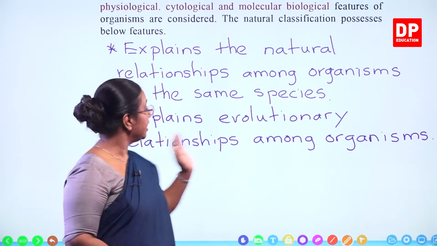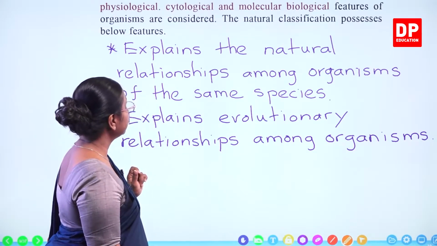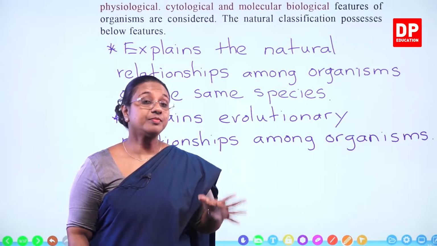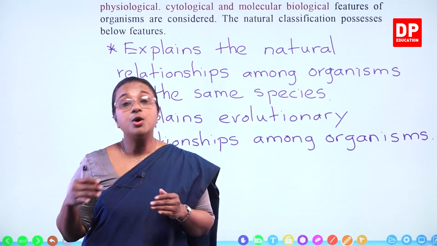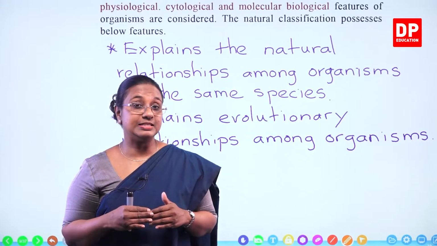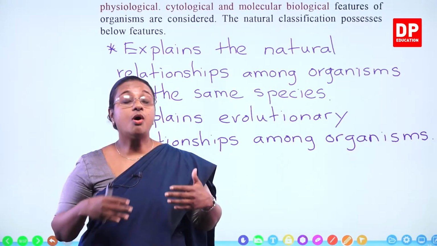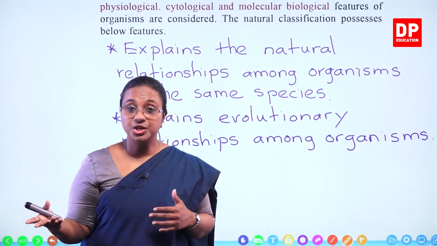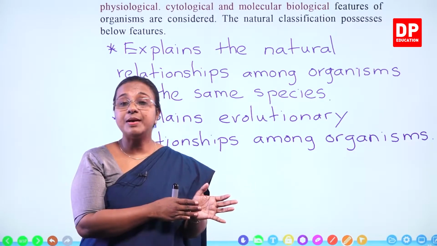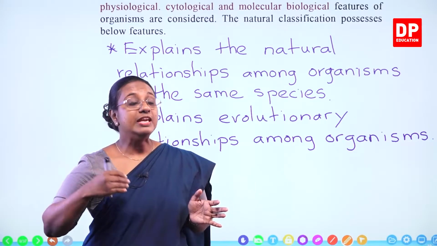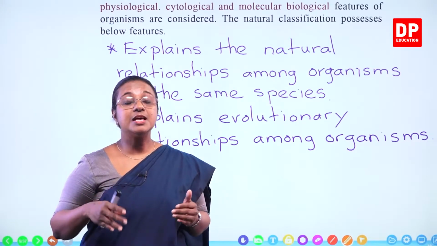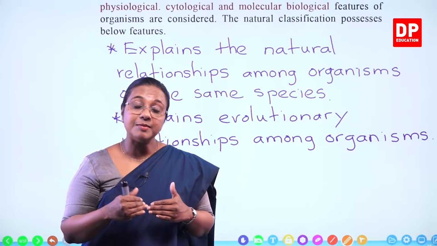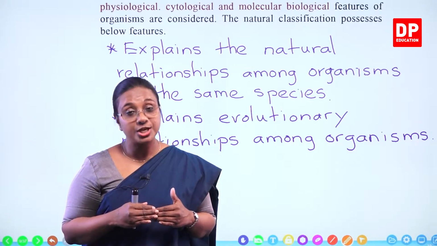Then if we take the evolutionary relationships among organisms, we have been discussing this before also. When you look at different groups, but with similar characteristics. For example, wings or organs used for locomotion, appendages used for locomotion. So the legs are one type of appendage, whereas the wings are a different type of appendage. Fins are different types of appendages. So all these developed along the evolutionary process.